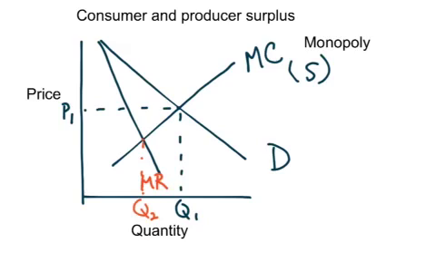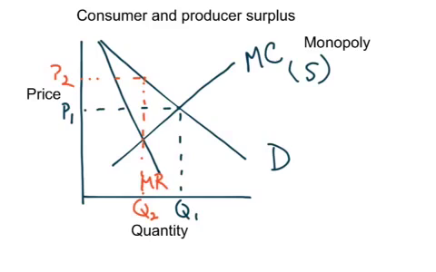But then remember how the monopolist sets its price. They go up to the demand curve, and then they set a price that is as high as the demand curve will support, which is higher than the price would have been in perfect competition, and it's well above where MC equals MR.